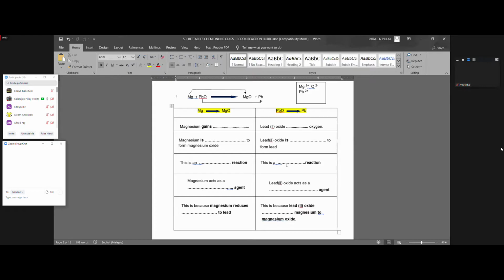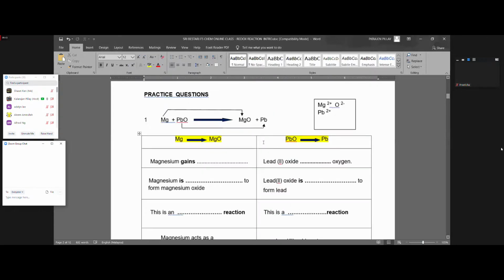Okay. Then we have 2 agents coming in. The agents will be from here. One of these reactants is an oxidizing agent, another one is a reducing agent. One is oxidizing agent, OA, I put short form. Another one is reducing agent. Okay, how to know? Very simple.